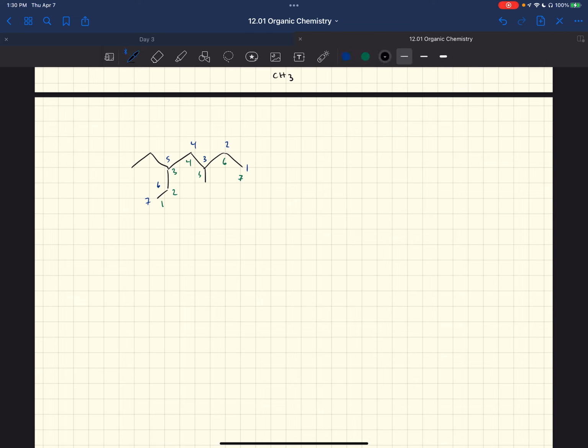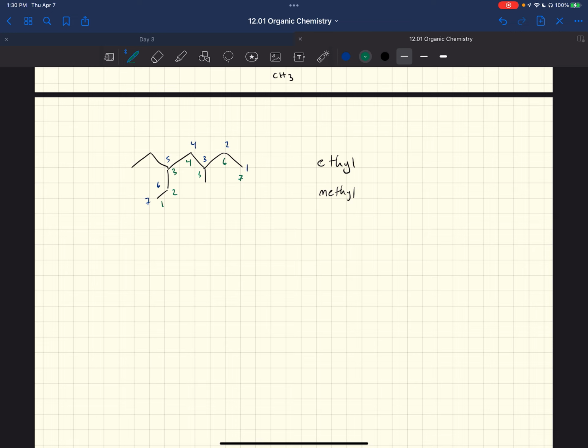So this is a tie. So a tie goes to the numerical group. Okay, this side chain is an ethyl, and this side chain is a methyl. Okay. So a tie's going to go to alphabetical order.